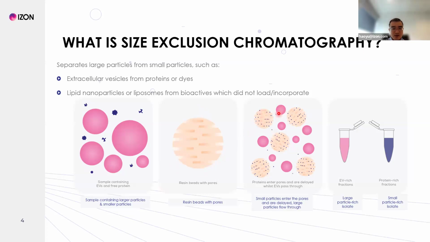Large particles, for example EVs, will not be trapped by these holes and will elute fast. So by using this, we harvest the EV fractions and the protein fractions. In the two different regions, we can harvest different proportions of those particles.